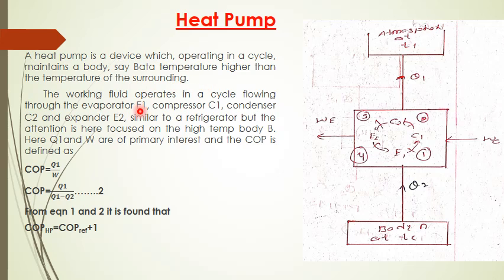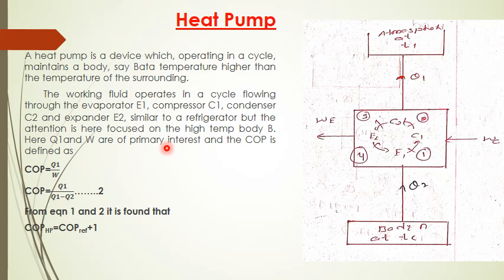The working fluid operates in a cycle flowing through the evaporator E1, then compressor C1, condenser C2 and expander E2 in the block diagram. It is similar to the refrigerator, but the attention here is focused on the high temperature body B. In a refrigerator, attention was on body A; in a heat pump, attention is on body B. Here Q1 and W are of primary interest.